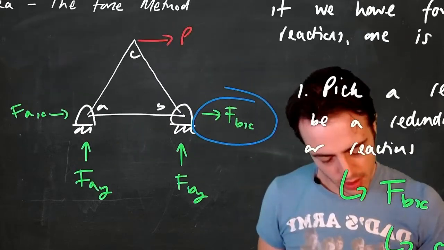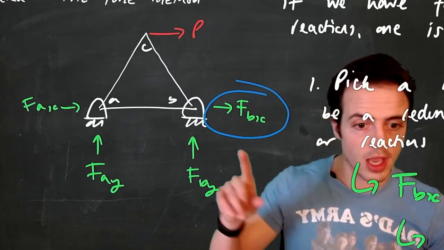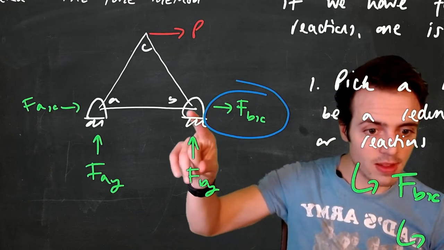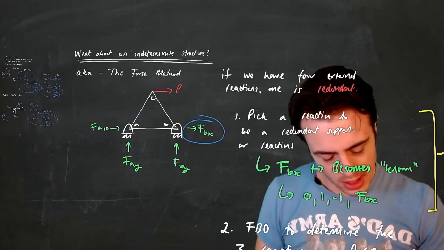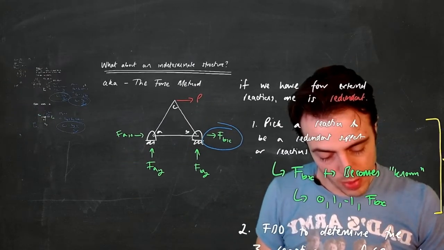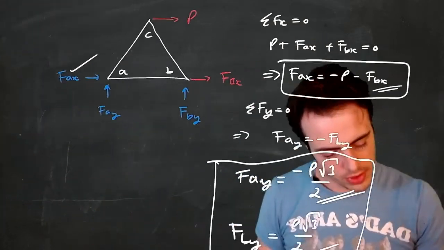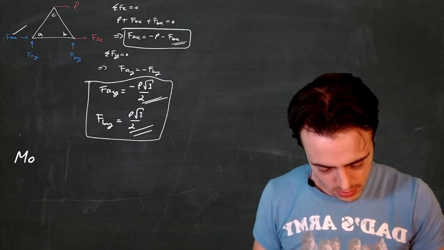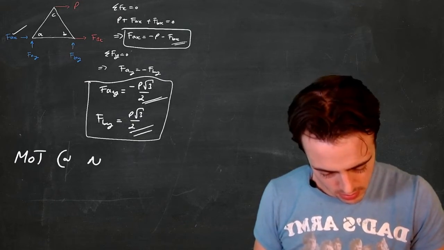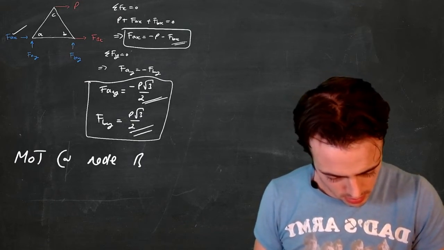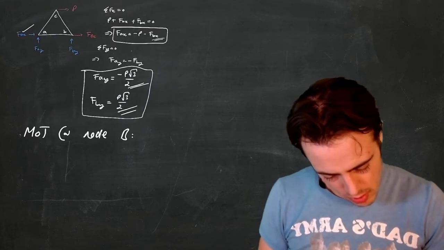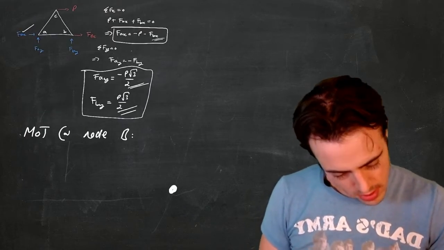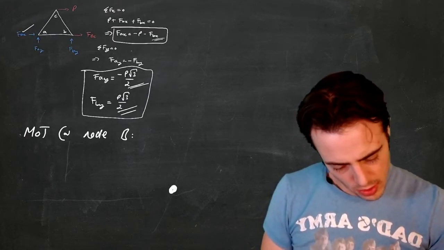Now the only joint that's going to change with the addition of this is node B. So we need to re-look at the equations for node B. I'm just going to solve node B again. So I'm going to draw my known forces on.